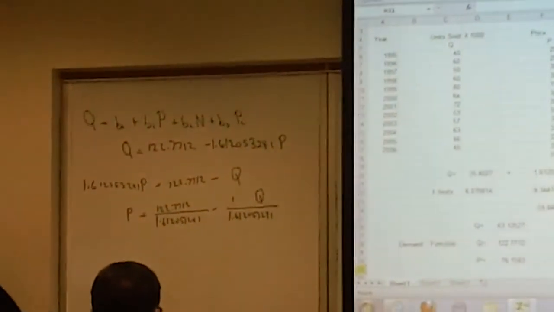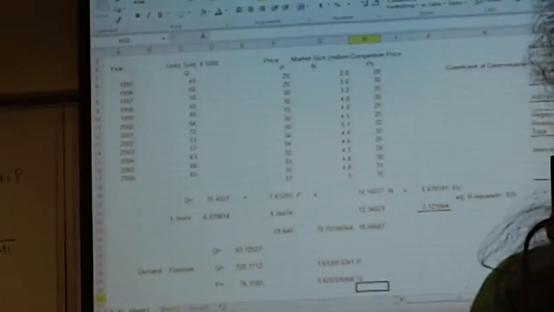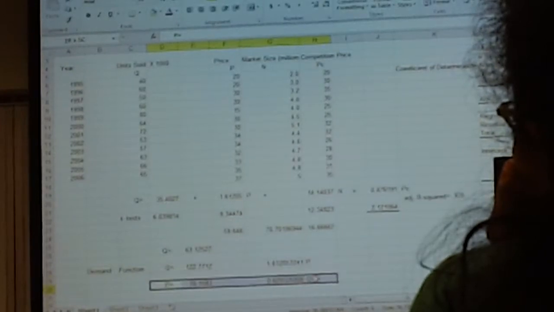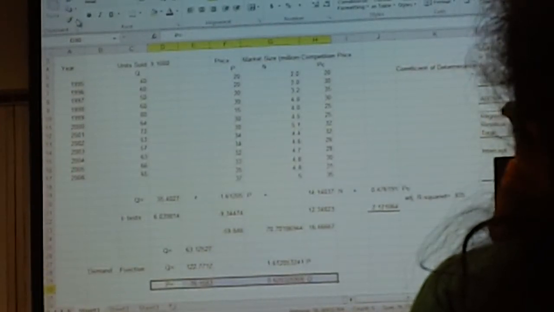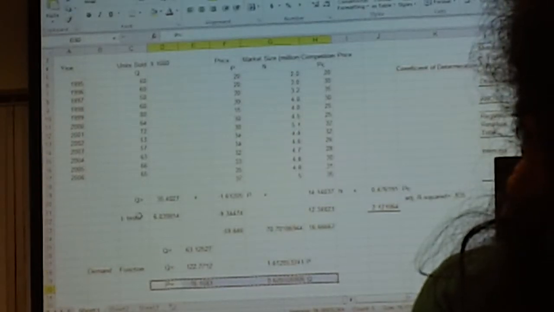So now we'll draw the demand function. I want to copy this demand function. Go to sheet 2.